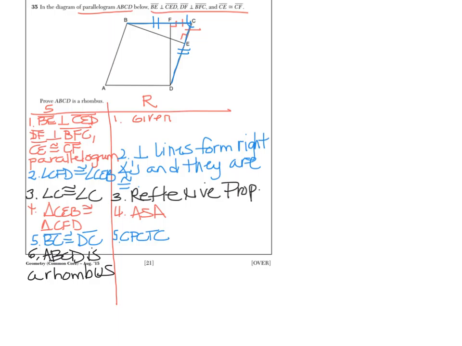And in a parallelogram, opposite sides are also congruent, so that makes all four sides congruent. So again, ABCD is a rhombus because it is a parallelogram with four congruent sides.